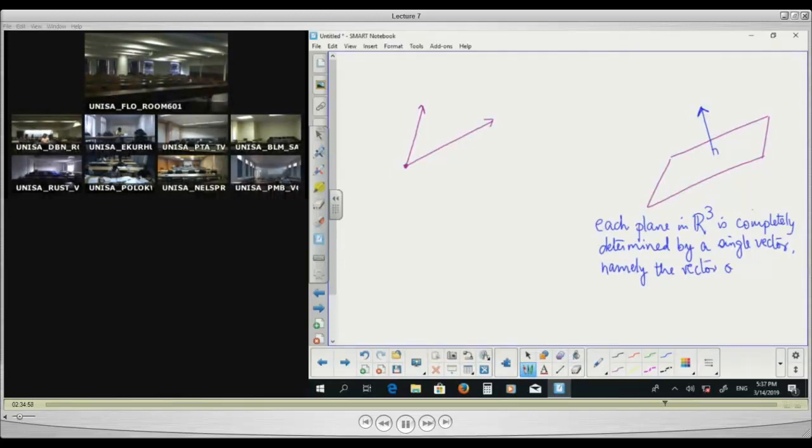So, suppose you give me a vector u in R3.